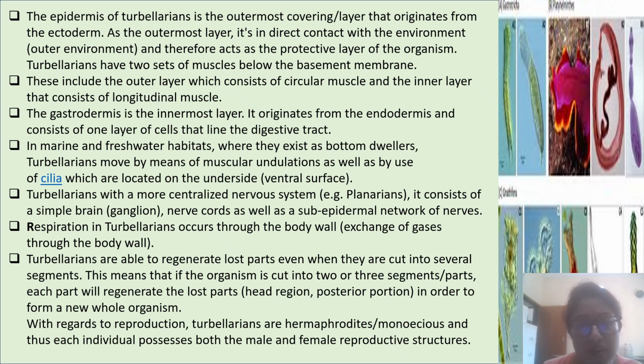This means that if the organism is cut into 2 or 3 segments, each part will regenerate the lost parts in order to form a new whole organism. With regard to reproduction, turbellarians are hermaphrodites, monoecious, and thus each individual possesses both male and female reproductive structures.